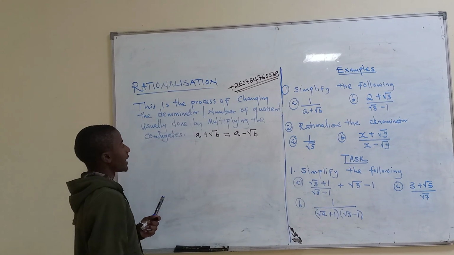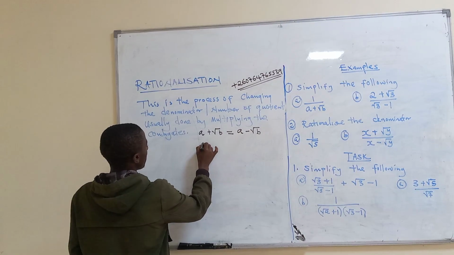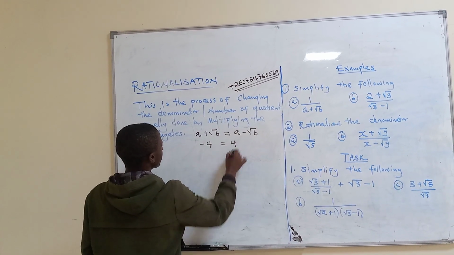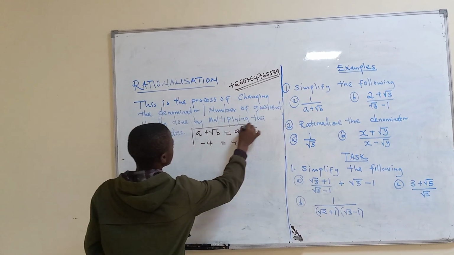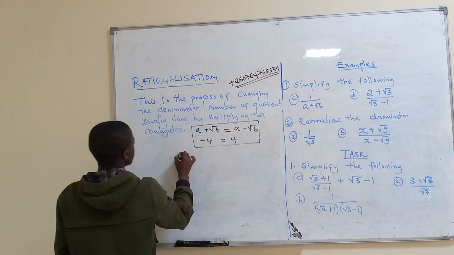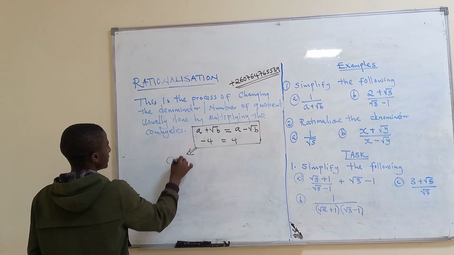Or I can put another example: the conjugate of negative 4 is the positive 4. So these are what we call conjugates.